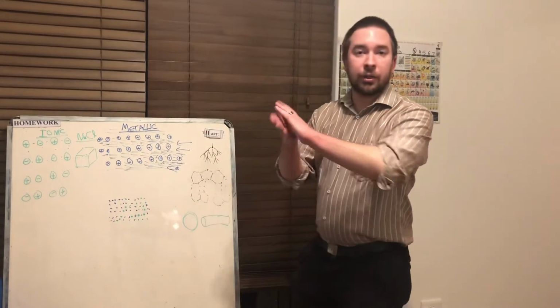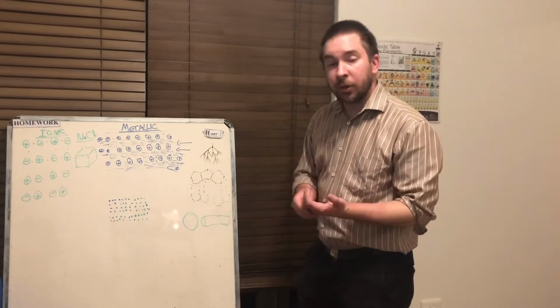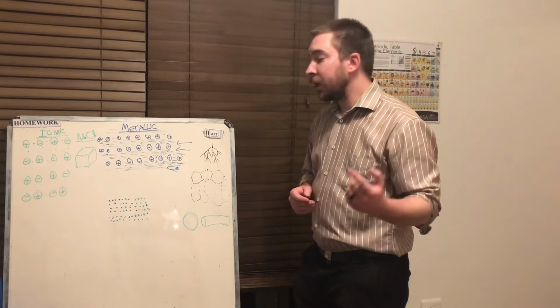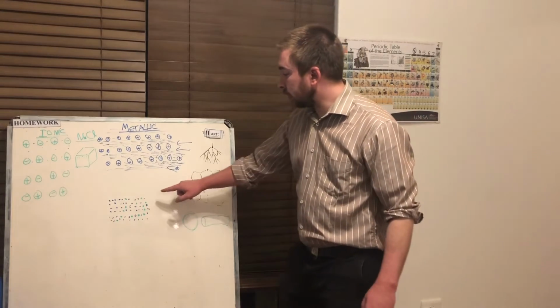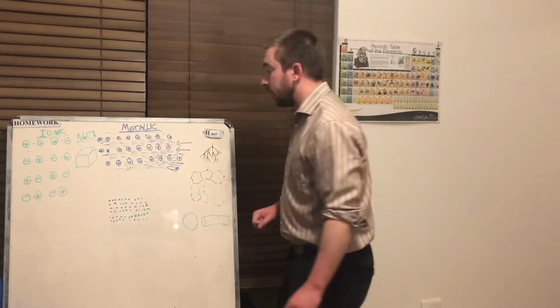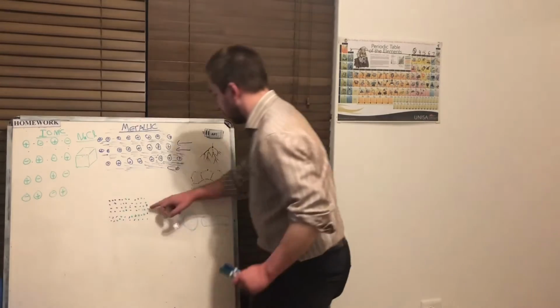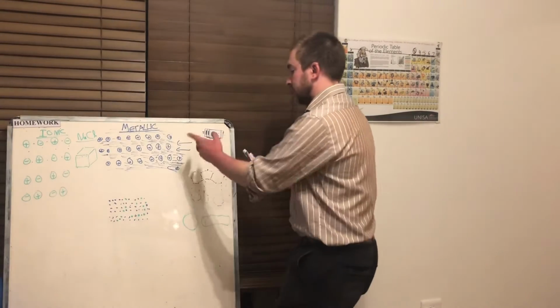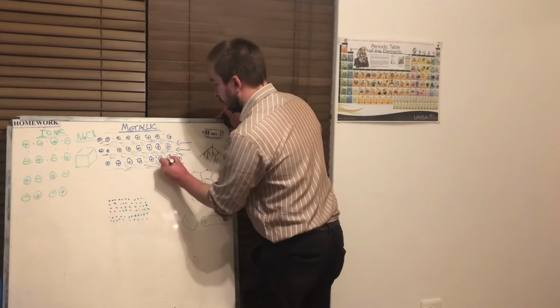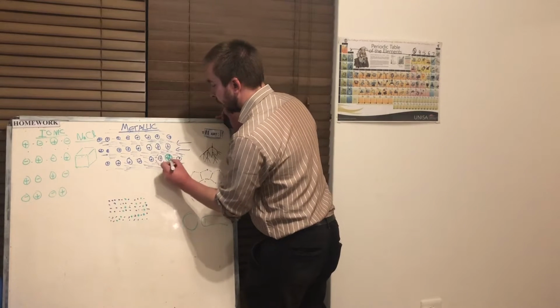Metals, on the other hand, are very, very force resistant, and we can make them even more force resistant by making them into alloys. I'm going to copy this small picture and make it a little bit bigger just so you can see more properly.